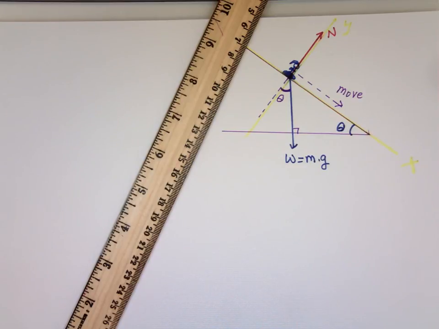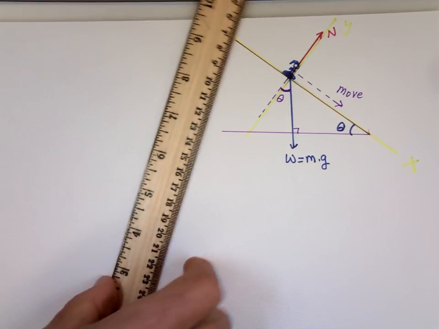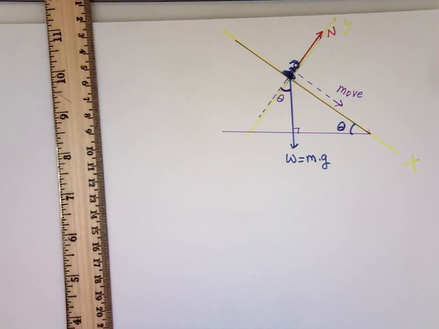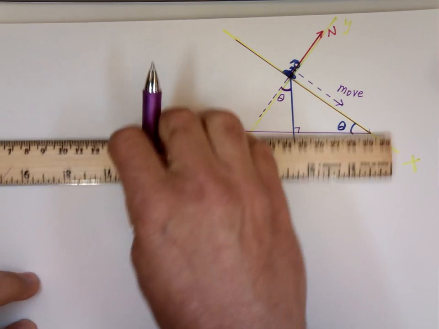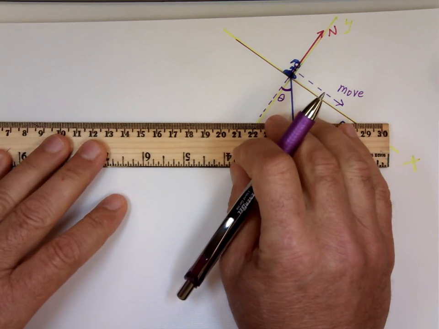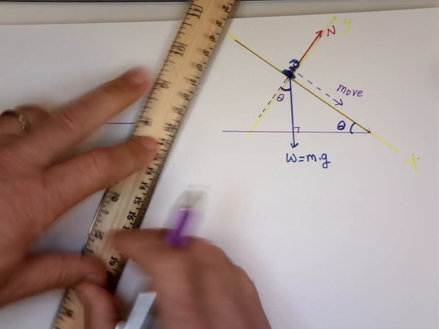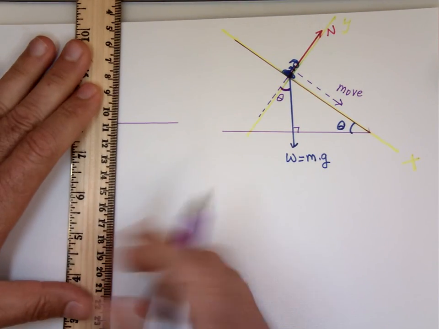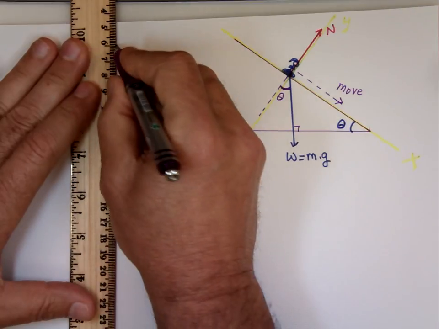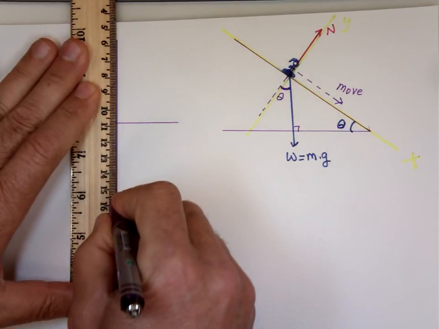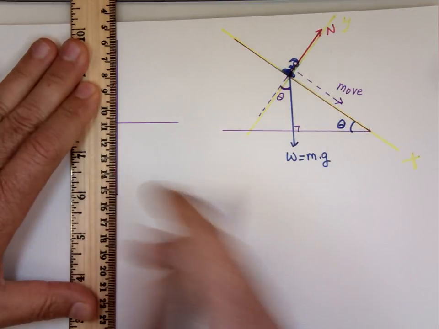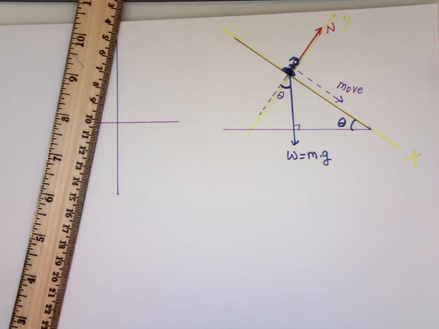So what does my free body diagram look like? If I do it right next to it, we like to draw the x-axis horizontal, not on an angle the way you see in that picture, and we like the y-axis this way. The normal force is straight up in the y direction.